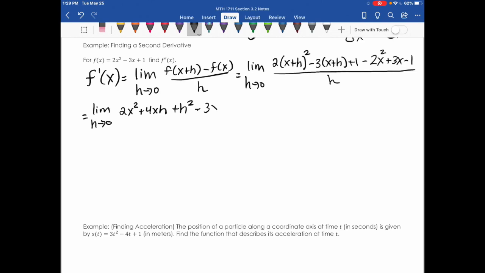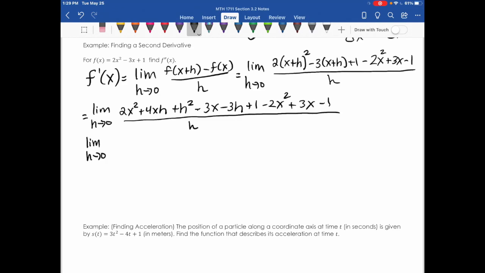And then I subtract 3 times x plus h. So I have minus 3x minus 3h. And then I have the plus 1. And then I go to subtract 2x squared plus 3x minus 1 all over h. So big mess.